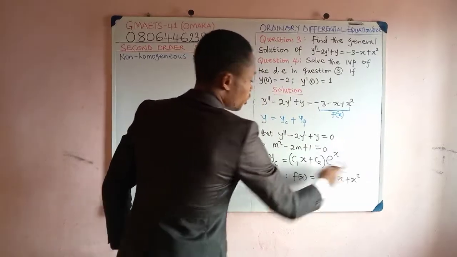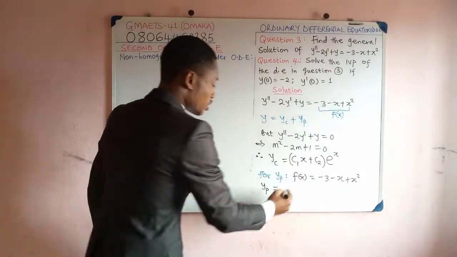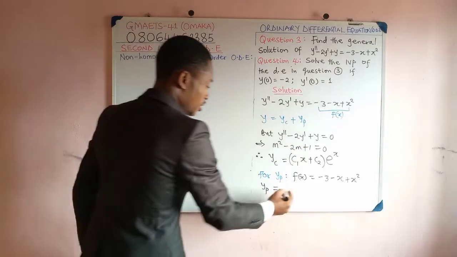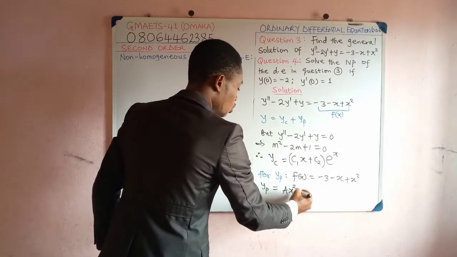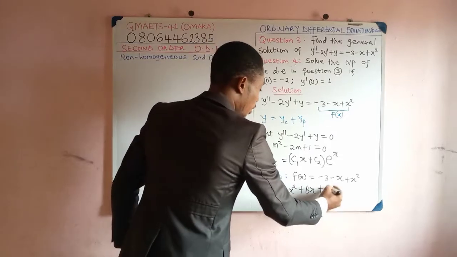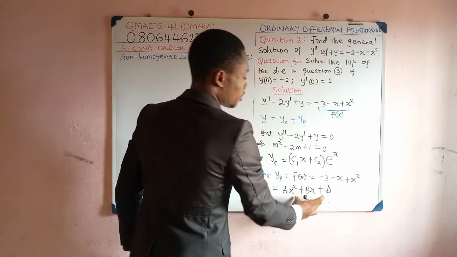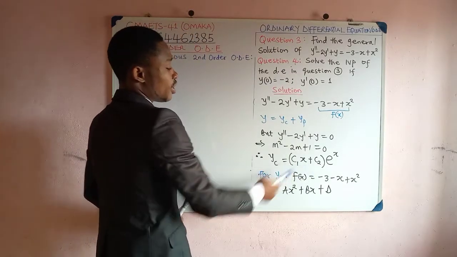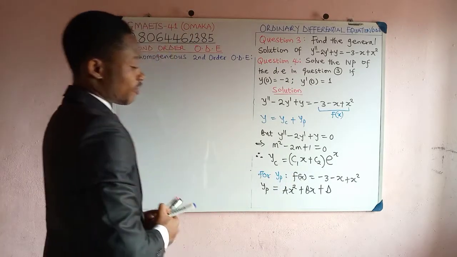The highest degree in the polynomial is power 2. So let us use a, b, and d as constants here. It's going to be yp = ax² + bx + d. You notice that I jumped c because I've used c as a constant in the first part.